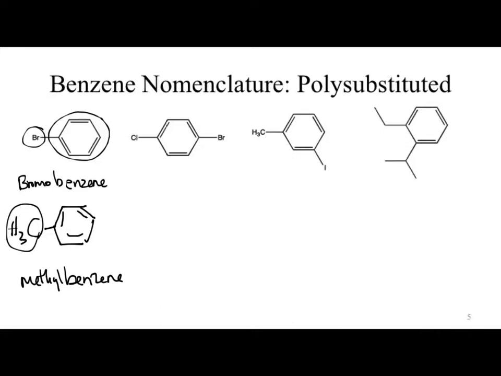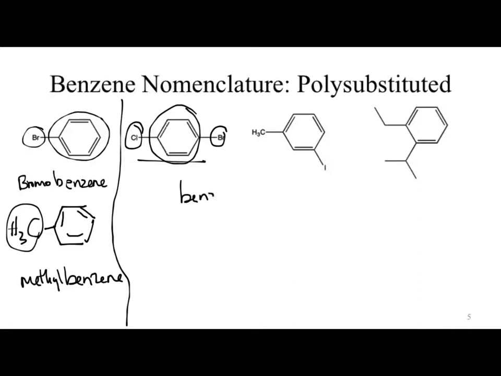What we can do now is start to make things even more complicated, because of course nomenclature always gets a little bit more difficult. We can try and name this one. We've got our chlorine, our benzene, and bromine. Again, which do you think is the most important? Probably our benzene. So we'll name this as benzene. What substituents are on it?